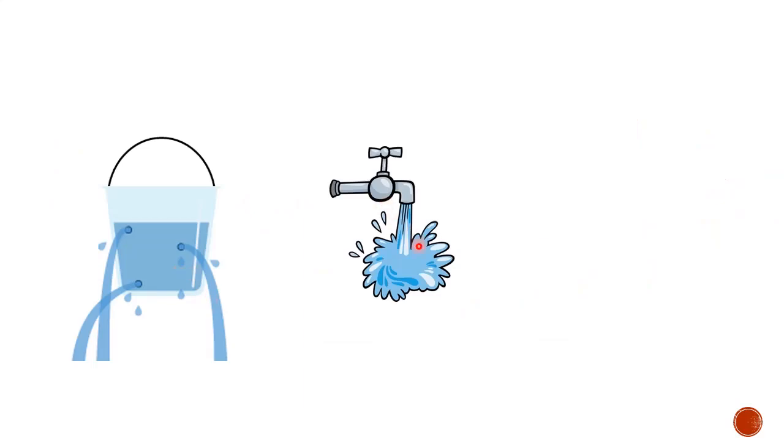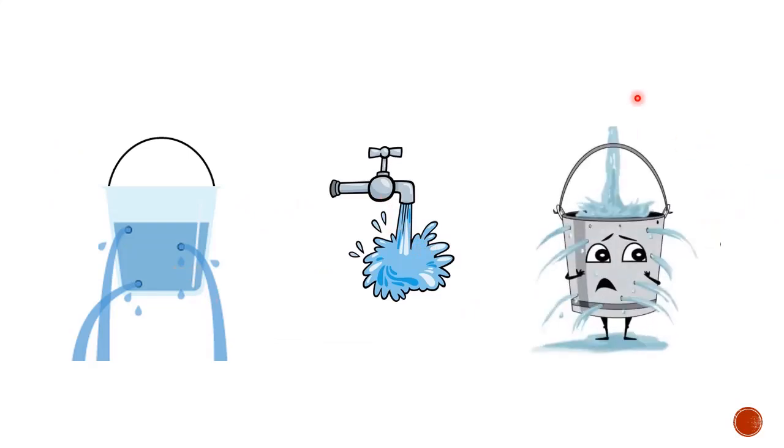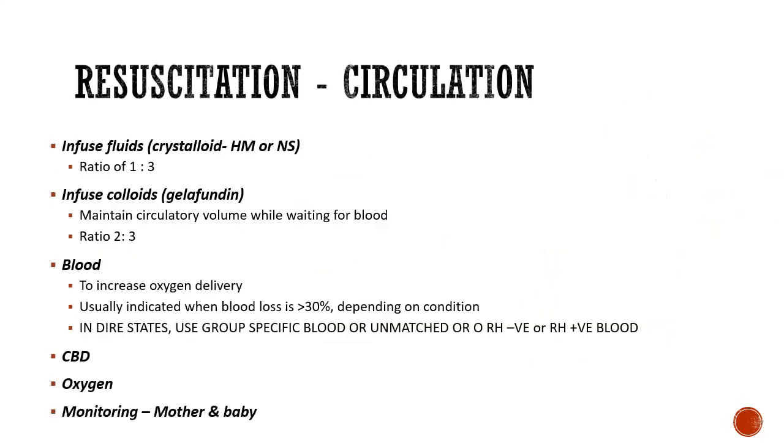So how do you stabilize the patient? This is just common sense. Number one, when you have a patient who is bleeding, you need to quickly replace the fluids in the body. But if you replace the fluids and do not stop the bleeding, then how? It will become like this. So, resuscitation.